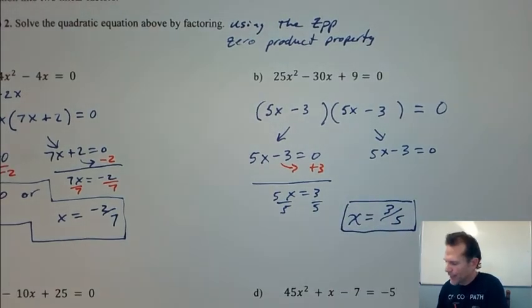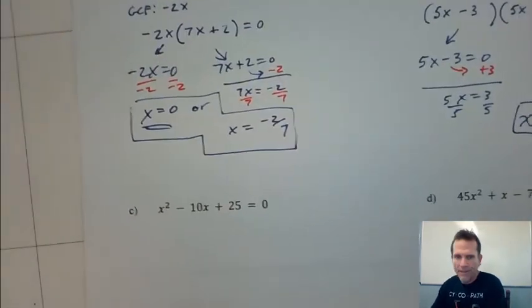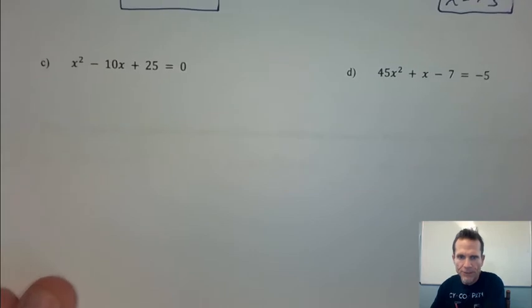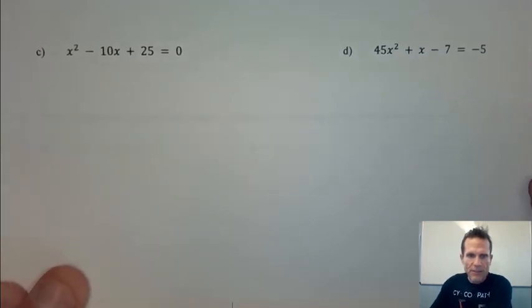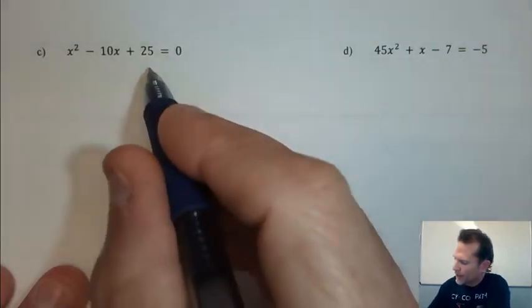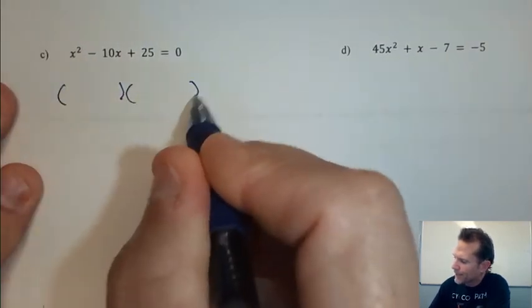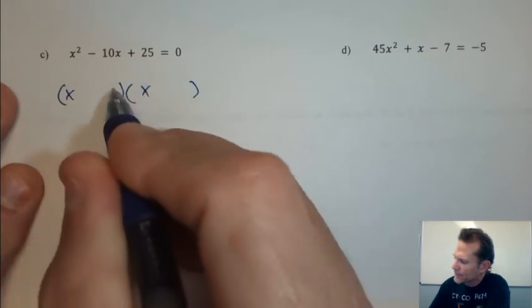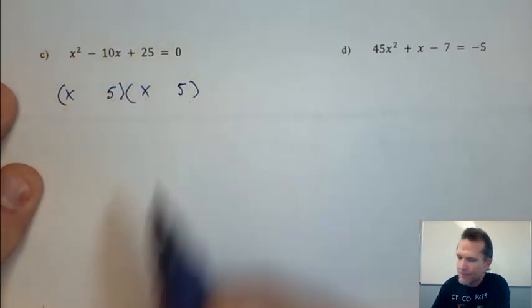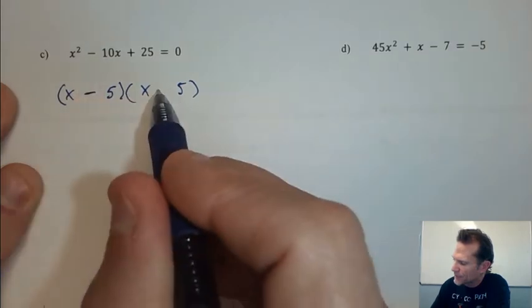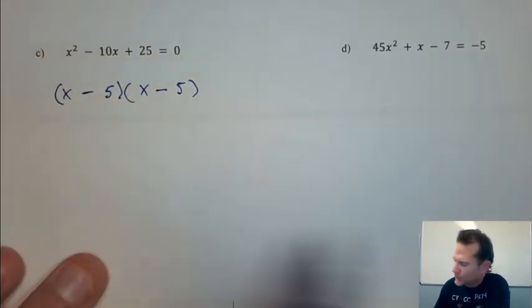All right, looking at C here. Get my paper arranged. We're taking a look at C. Hey, 25 is a special number. Let's see. Let's try x and x, 5 and 5. To get the 25, I got to get a minus sign in the middle, so I'll use double minus here so I can get the positive 25.